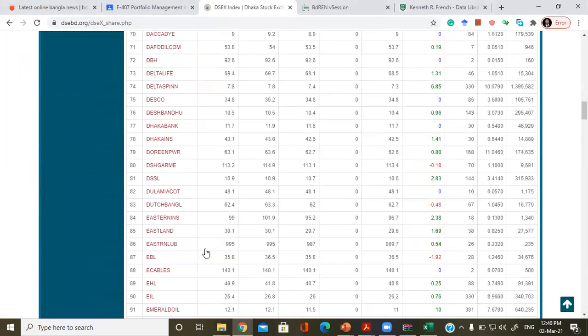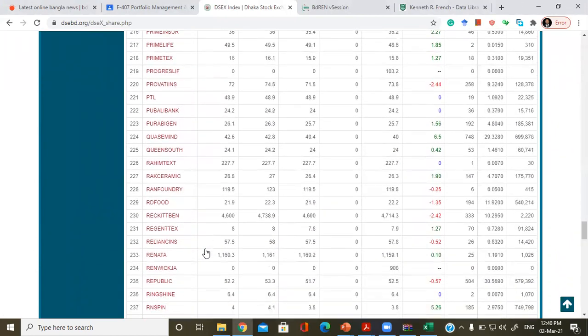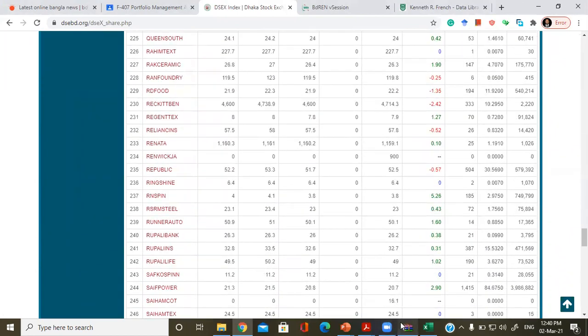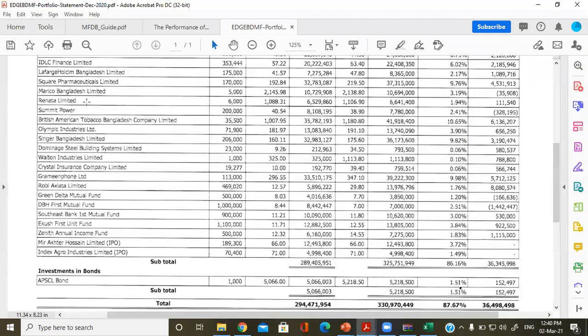Now, if you look at the DSEX constituents and the constituents of this fund portfolio, these investments are included in the DSEX. These mutual funds are listed in the DSEX index.